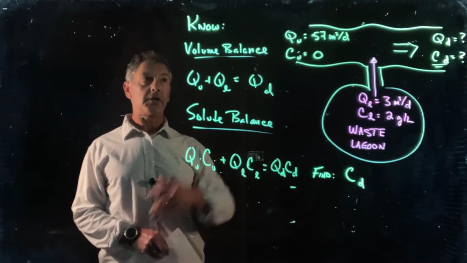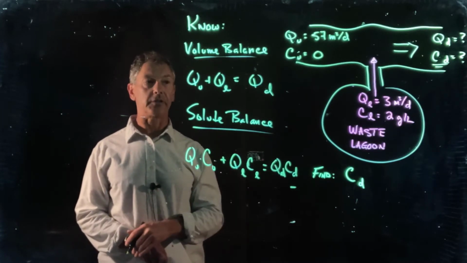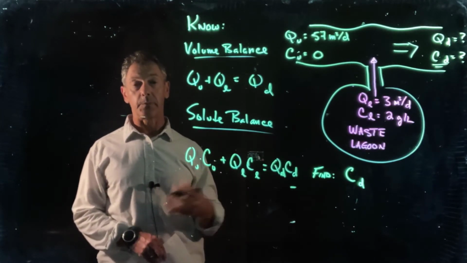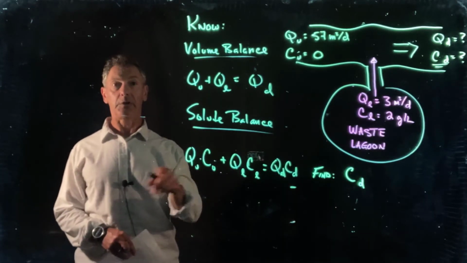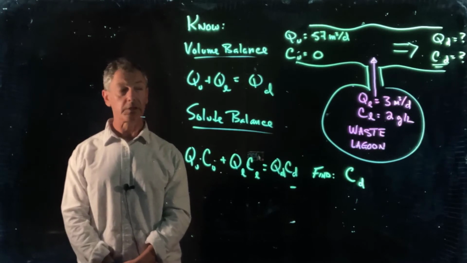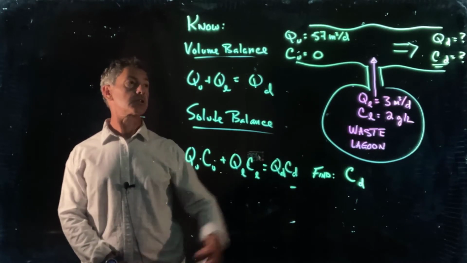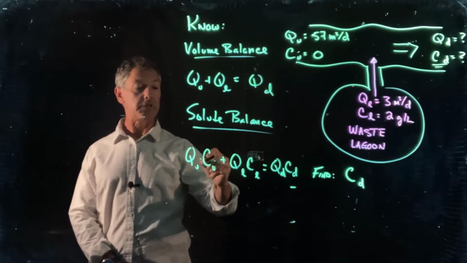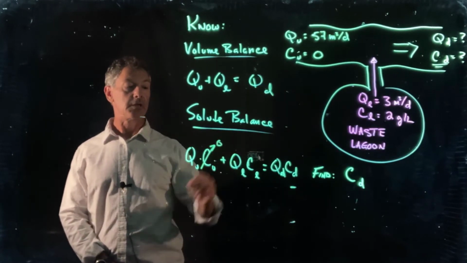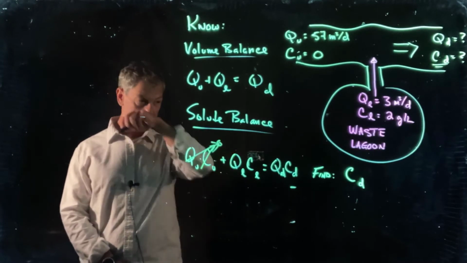So before we start jumping into solving this, we could probably solve by substituting the volume balance into the solute balance. Let's take a look at the concentrations. Upstream, the concentration is 0, which means that this term is 0. So then it means this whole term is 0.